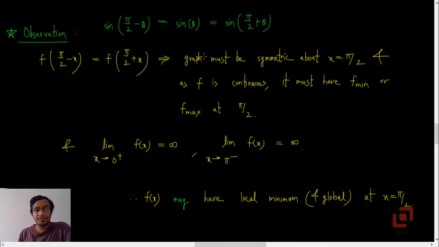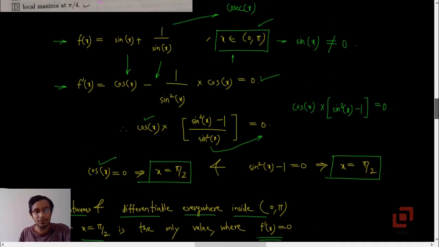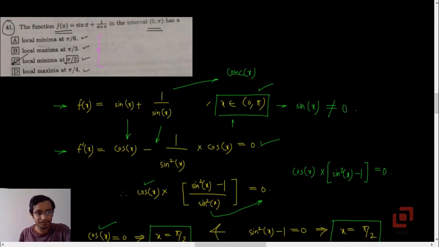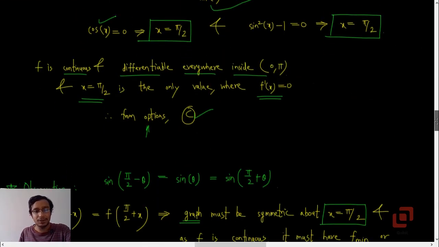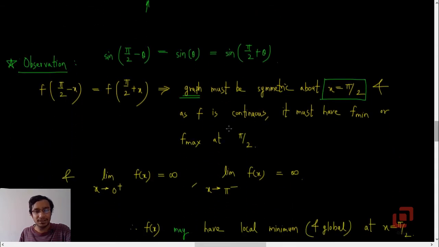Which means the function f, or its graph, must be symmetric about the line x equal to pi by 2, because our function consists of only sine terms. It consists of sine x and it also consists of 1 upon sine x, and because sine of pi by 2 plus or minus x is sine x, that is the property of allied angles.